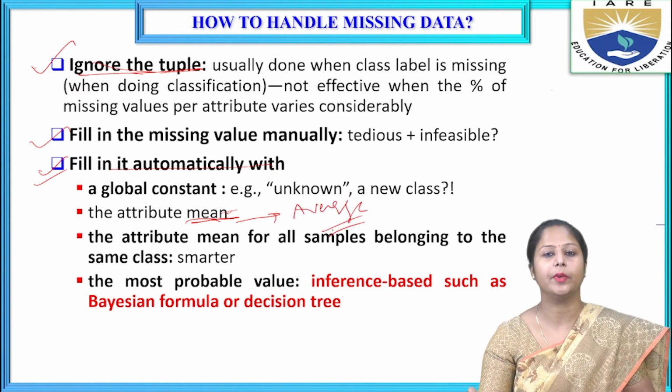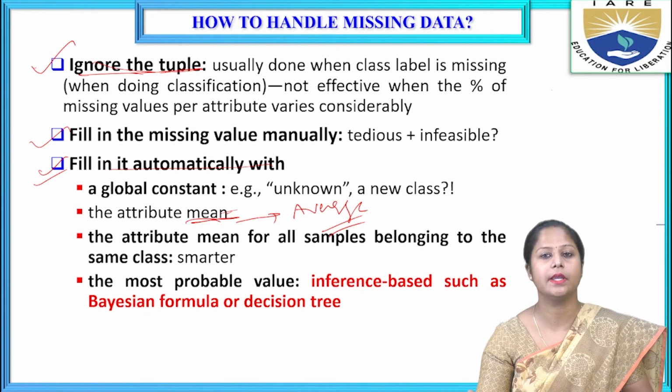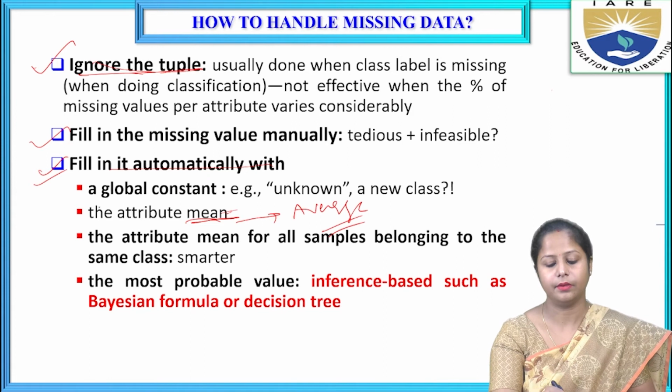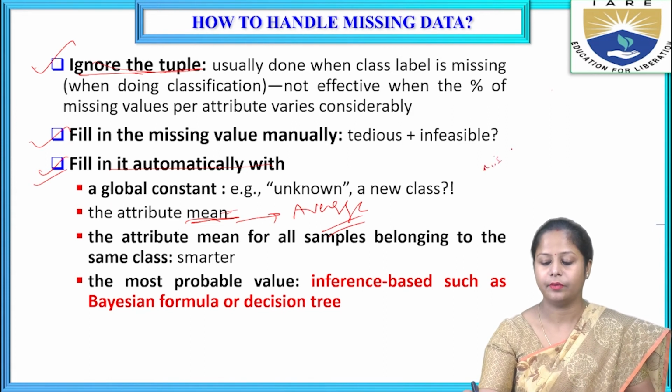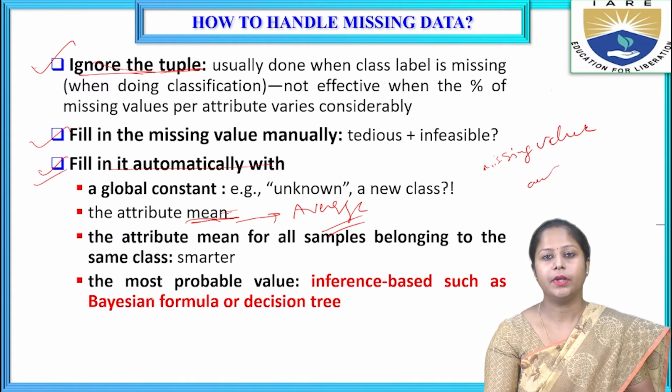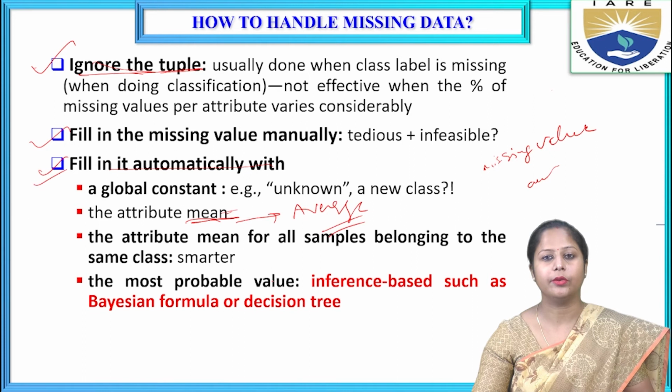It will be filled automatically. The attribute mean for all the samples belonging to the same class. So that is another good example, another good way to fill the missing value automatically. Another example is the most probable value.